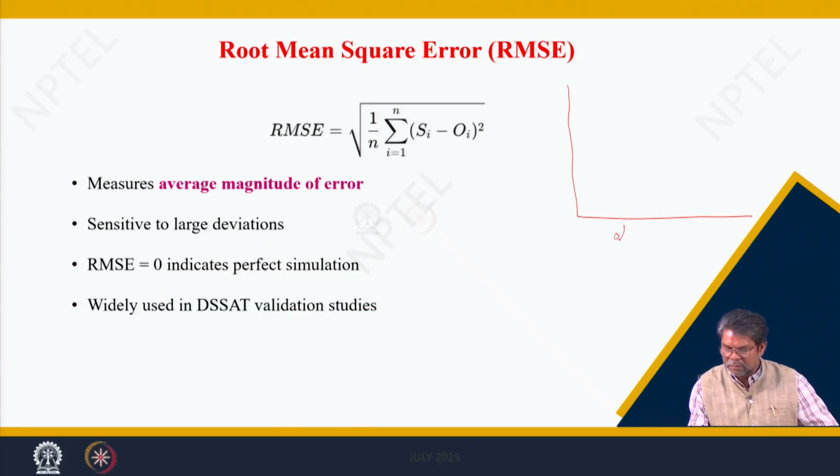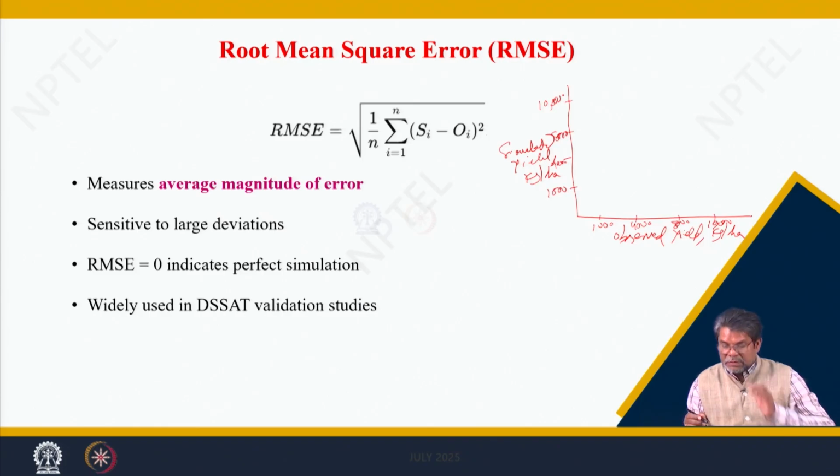Suppose the observed yield is in kg per hectare on one axis and the simulated value on the other, with values 1000, 4000, 8000, 10,000 on both. This is the 1:1 line.